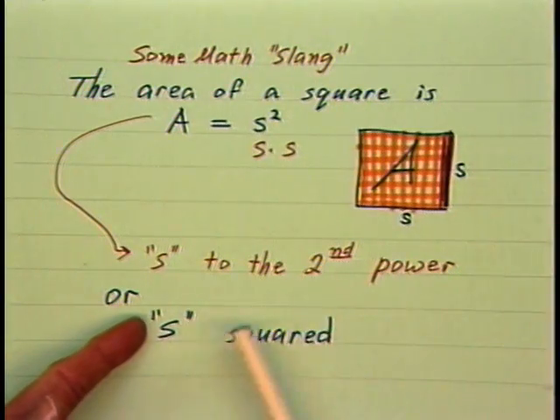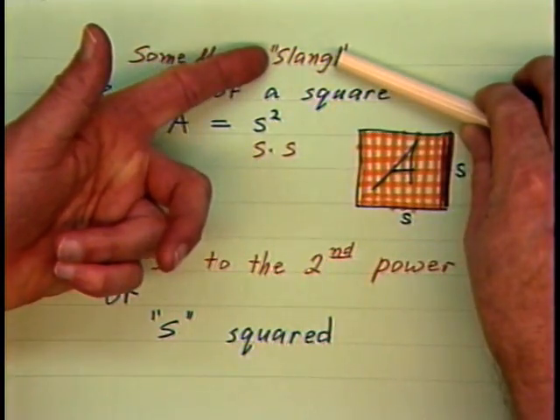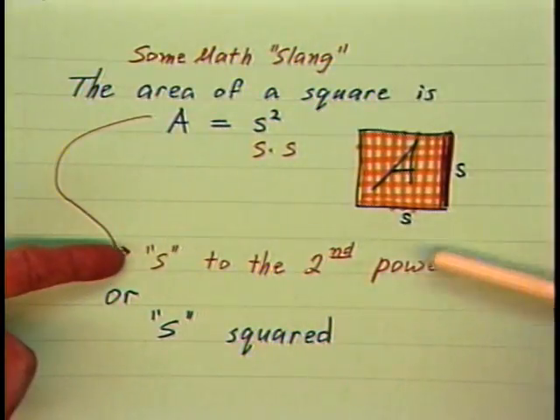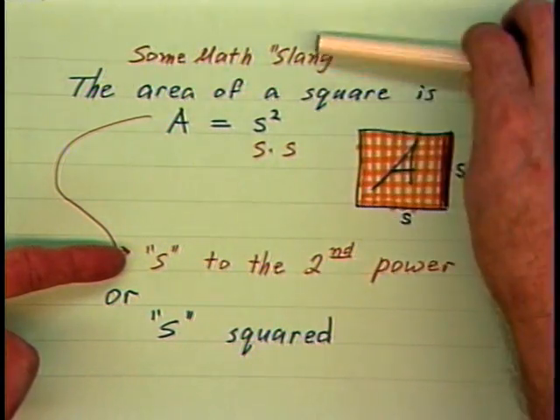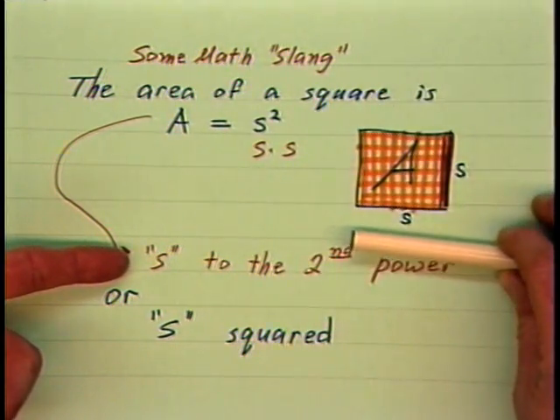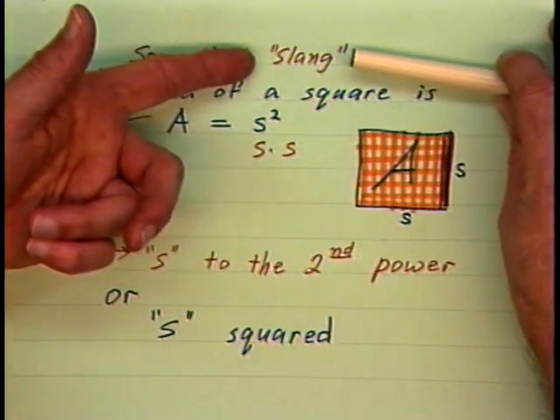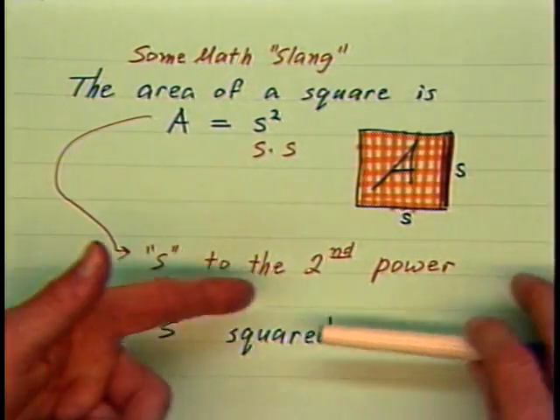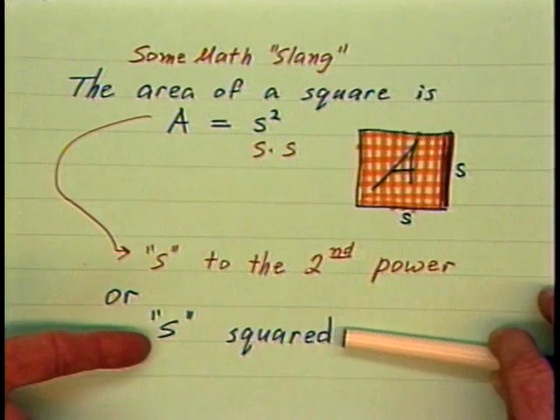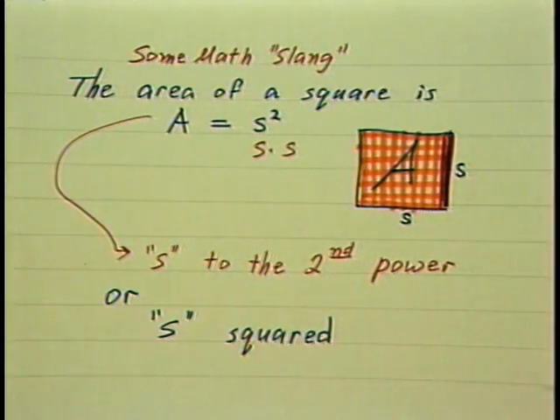So the phrase s squared is just a slang way in math of saying s to the second power. But this slang has been in math many, many hundreds of years, so it's not about to go away. So we need to get used to hearing this and knowing that it means this.